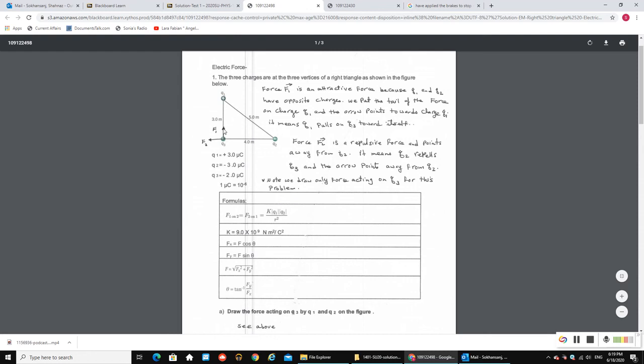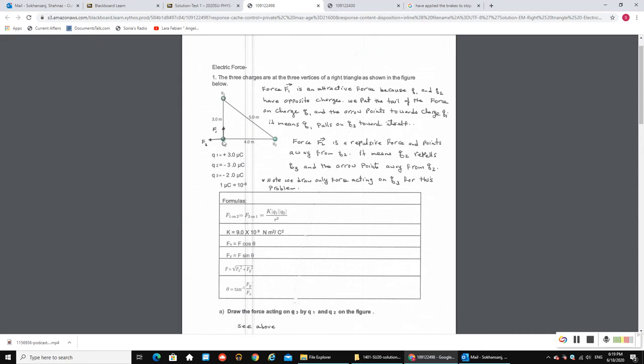The arrow is toward Q1 because it's attracting Q3. If we were asked to draw the force acting on Q1, which we do not need in this problem, then we put the point of action on Q1 and the arrow facing Q3. But here we talk about the force acting on Q3.